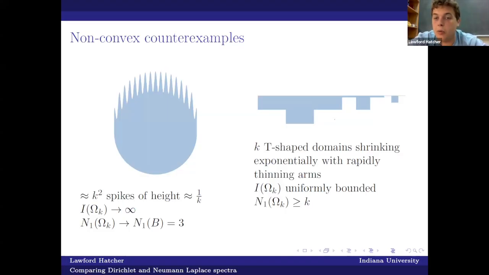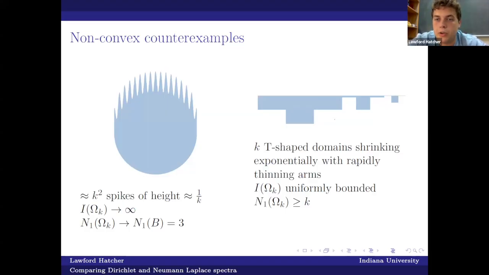So for each k, omega k is the union of k T-shaped domains that are each shrinking exponentially, while the ratio of the width of the arms is also shrinking exponentially with respect to the size of the blob in the middle. If you do this in the right way, the isoperimetric ratio stays uniformly bounded because the perimeter and the area both stay uniformly bounded.